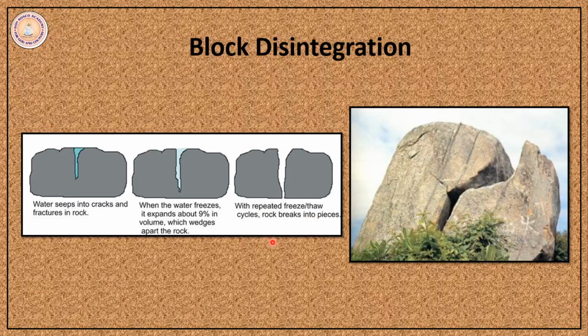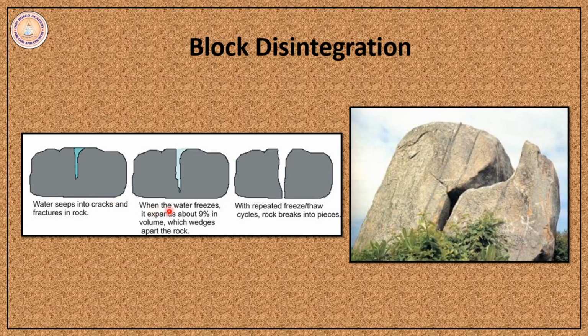In the higher latitudes or in high mountainous areas, block disintegration due to frost action is a very common way of breaking the rocks. Now it so happens that water seeps into the cracks or fractures of rock.